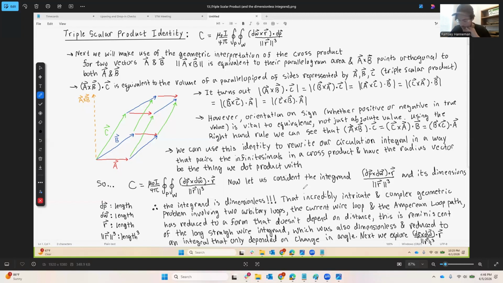Now, we could have noticed this even before this point, but what are the dimensions of dp? Going back to Physics 211 here, remember dimensional analysis? Dimensions aren't quite units.